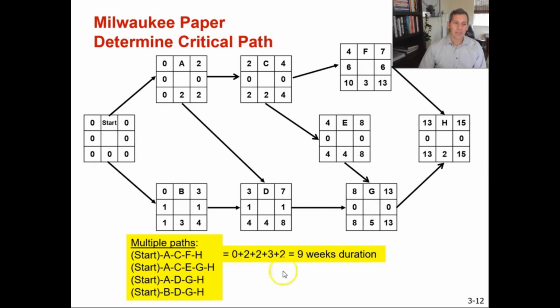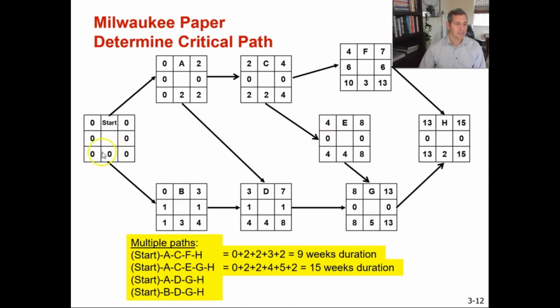Our next path is start, A, C, E, G, H. Let's add up all those project durations, and that gives us 15 weeks. So 0 plus 2 plus 2 plus 4 plus 5 plus 2 gives you 15 weeks.